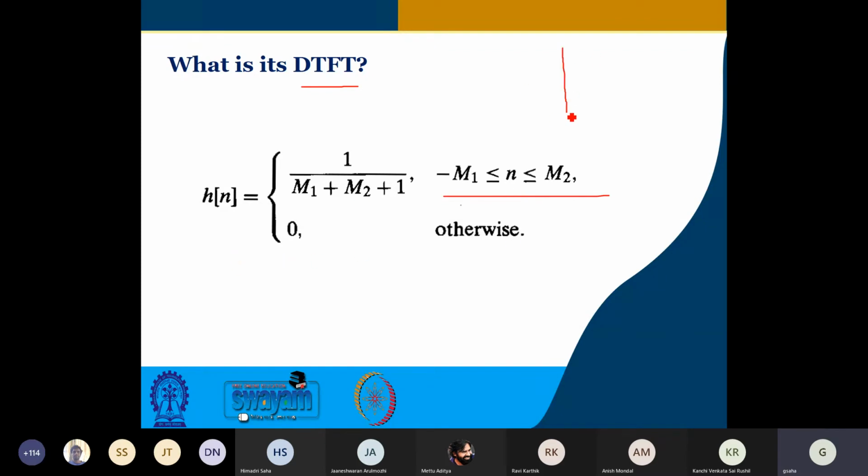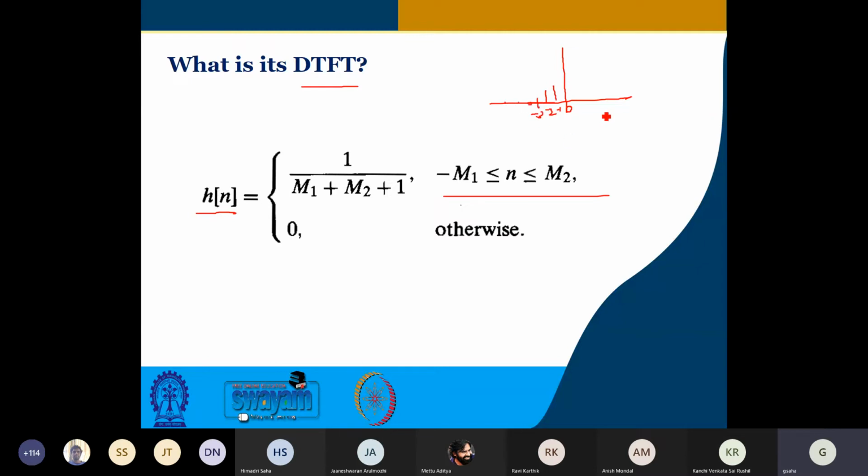If you look at the expression of h[n], the non-zero values are at 0, minus 1, minus 2, minus 3, and the rest are 0.